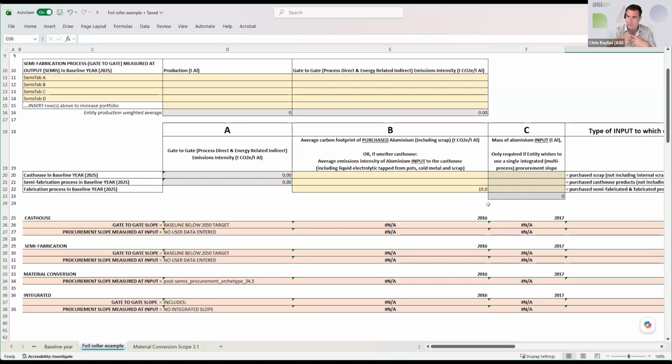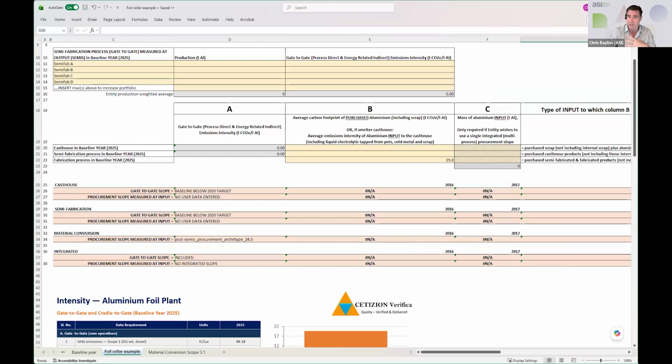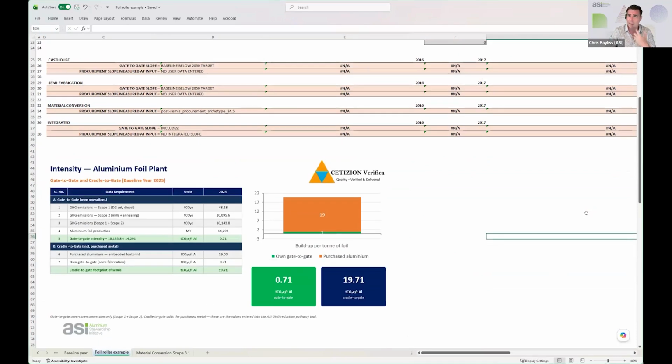Let's look at this foil example, which was the next one that Gangaa showed. Foil in our system, it takes a semi-fabricated product and it re-rolls that product, or it further converts that product. And so within ASI, that's treated as material conversion. And material converters in the ASI method, they have an interesting position because while they have direct emissions, as Gangaa demonstrated, they're dominated by scope 3 category 1s, their inventory.